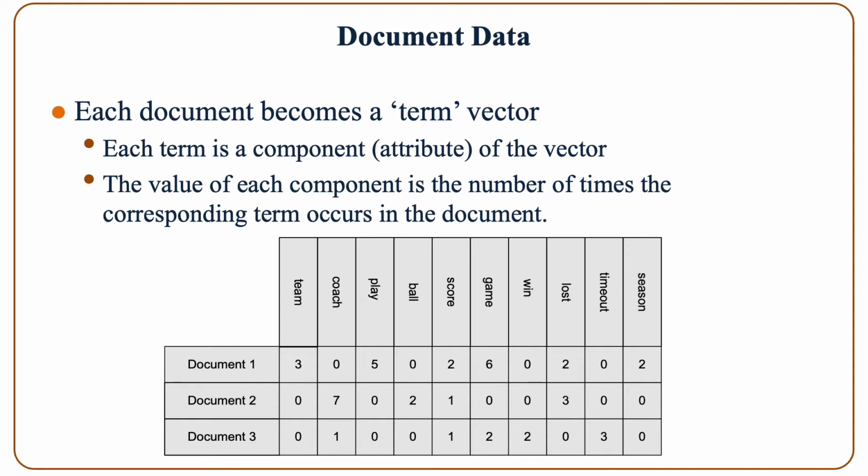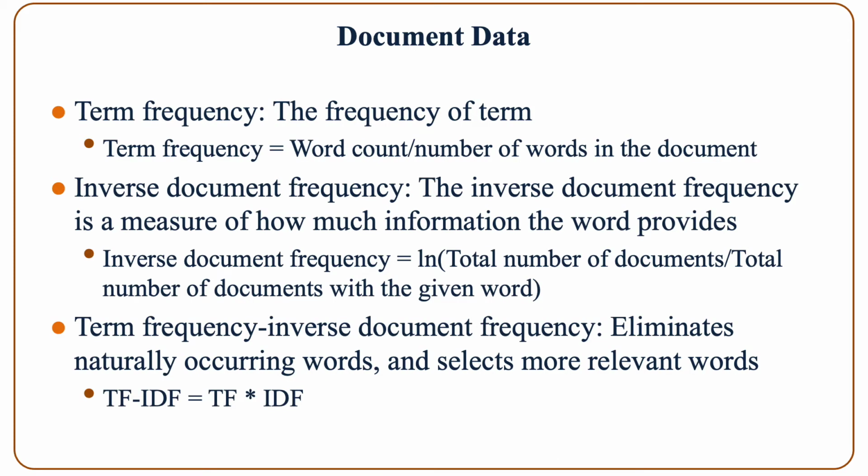The value of each component is the number of times the term occurs in the document. We define the term frequency as the ratio between the word count divided by the number of words in the document. And this is the frequency of the term.